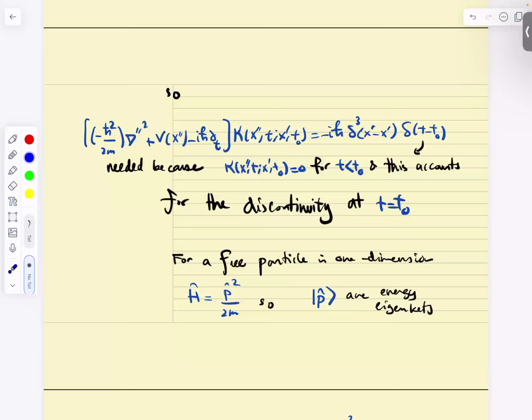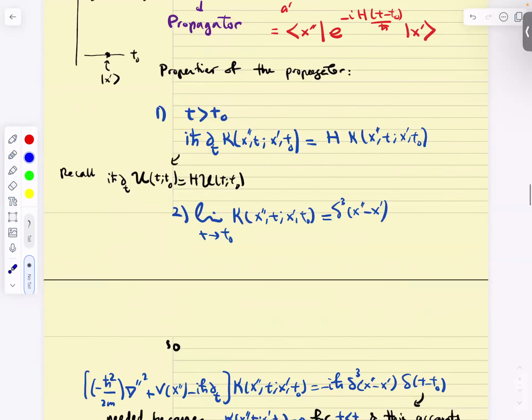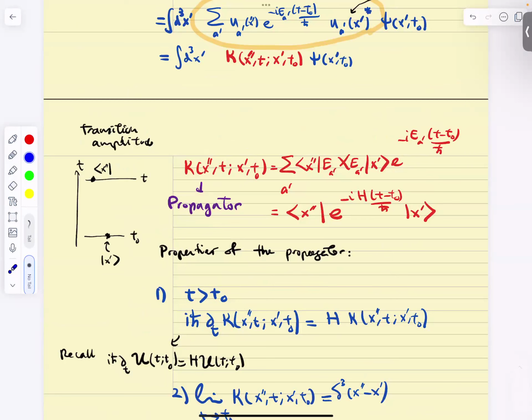Does the limit thing ensure that the paths stay within the light cone? Say it again. Basically, we're saying the particle can't go too far in a short amount of time. No, we're not saying that. Which part makes you think that? As t goes to t naught, well, look at the expression. As t goes to t naught, this becomes 0.